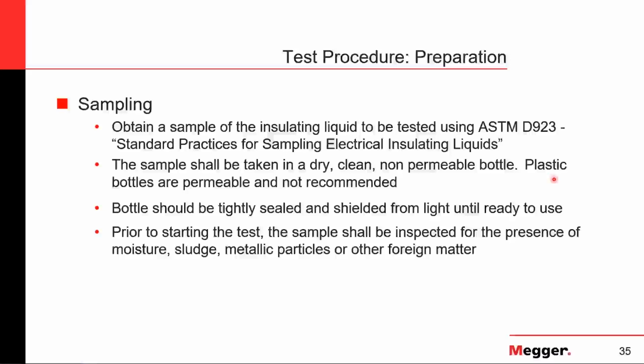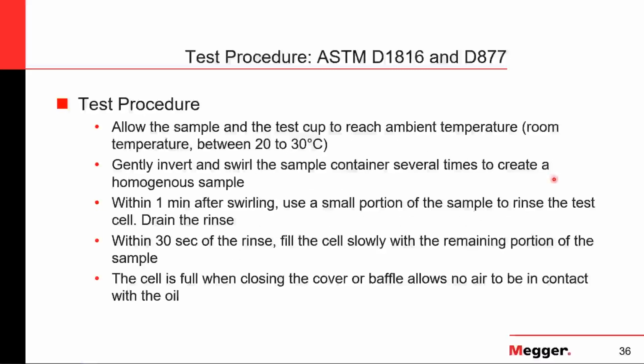Then when you are ready to fill that vessel with your oil, gently invert and swirl the container of your sample to create a homogeneous sample before filling the vessel. Then, just like when we did with the actual sampling, make a partial filling of the vessel and use that oil to swirl and sort of rinse the internal part of the vessel.